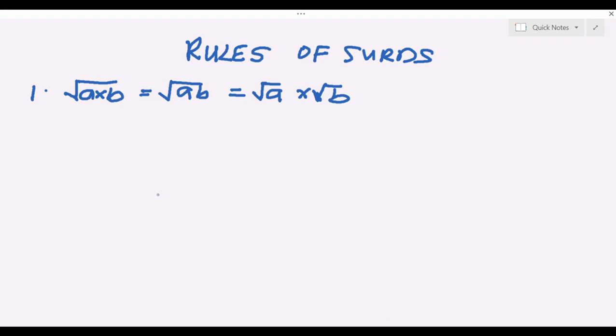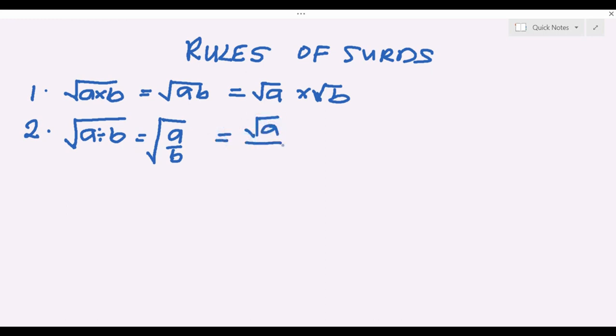Have this at the back of your mind. Rule number 2. If you have the square root of a divided by b, or written like this, the square root of a over b, this is the same thing as the square root of a over the square root of b.